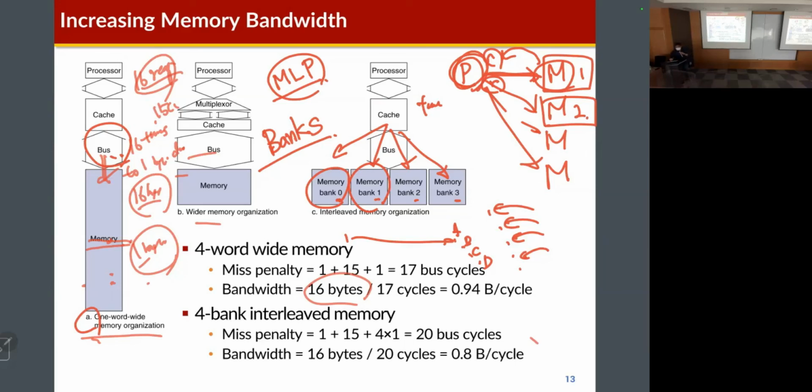So by using the memory interleaving technique, we can use the smaller bus, and we can also increase the performance of the memory. Multiple memory banks are working for the multiple requests concurrently. So this is why this technique is called memory level parallelism.